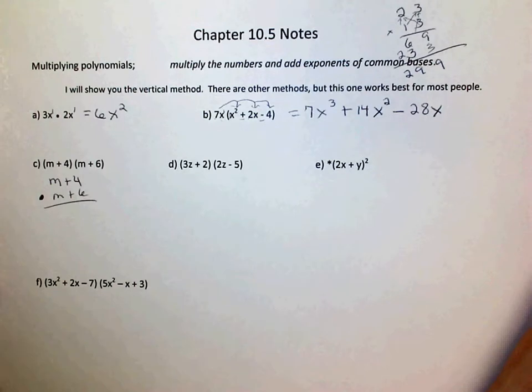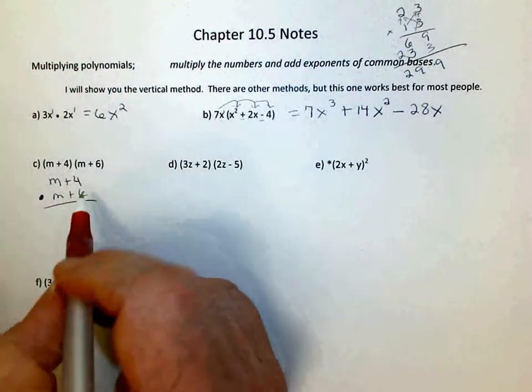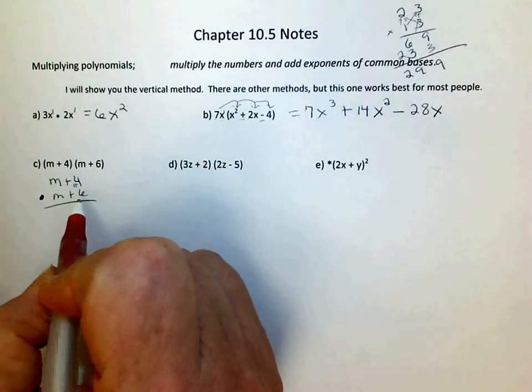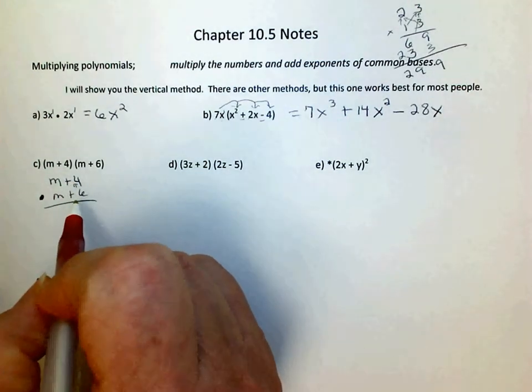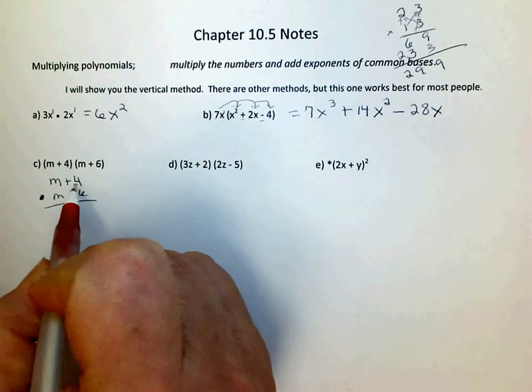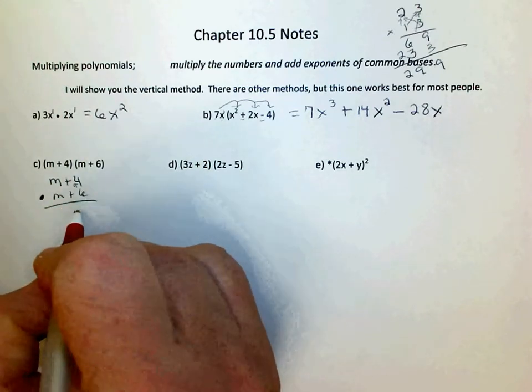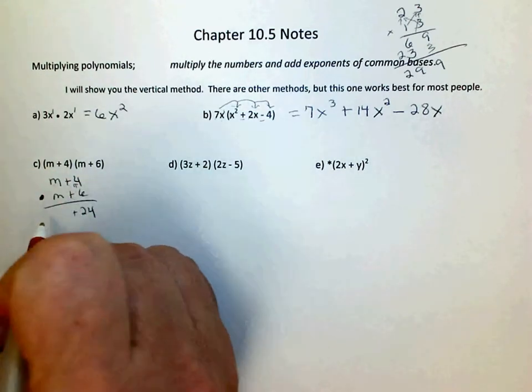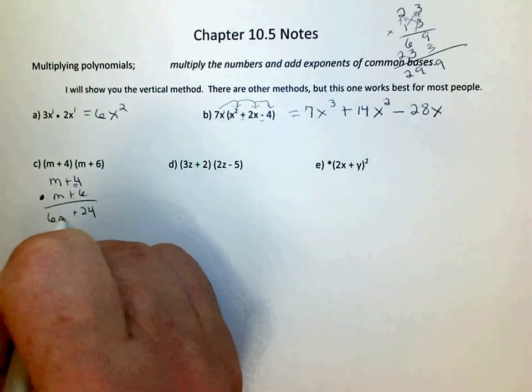Well, guess what? You're doing exactly the same thing here, except it's a little bit easier because there's no carrying at all. So a positive 6 times a positive 4 is a positive 24. Positive 6 times positive m is 6m.